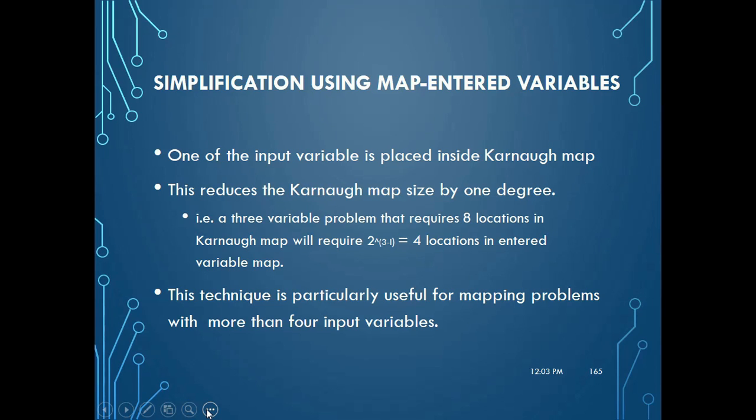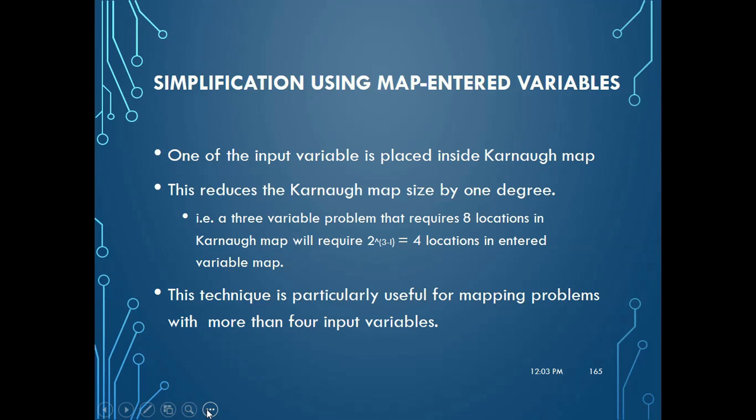Now we have something called map entered variables. You have to know what these are. Some variable is being entered into the K-map. So one of the input variables is placed inside the Karnaugh map. You know how to solve a Karnaugh map.